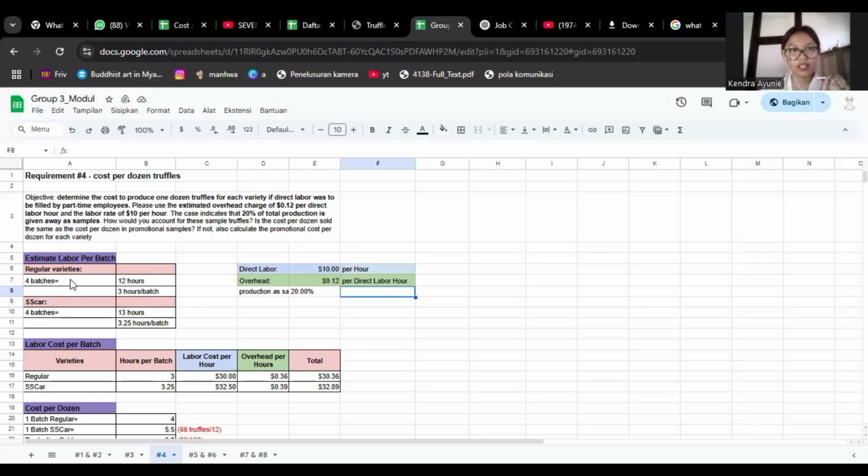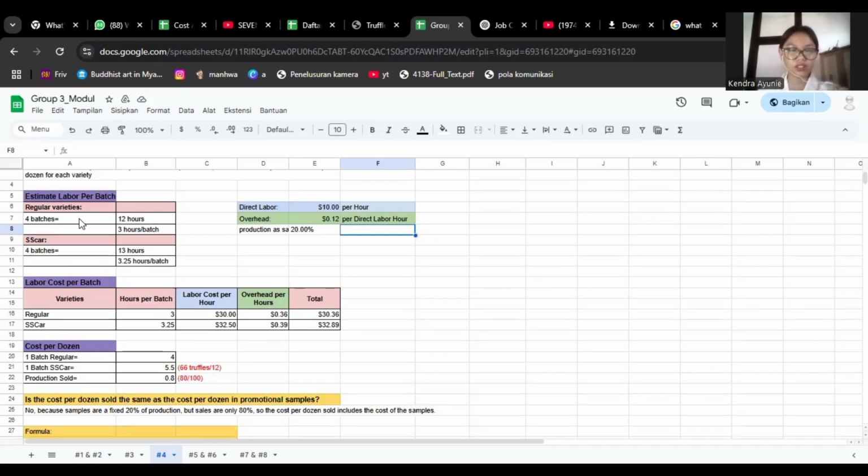At one time he can produce 4 batches of the regular varieties of truffles in 12 hours. So we divide that, and we get 3 hours per batch. For the SSC, the sea salt caramel variation, it's kind of special, so it takes longer to make. For 4 batches he needs 13 hours, and that's 3.25 hours per batch. So we already know how long it takes to make the truffles.